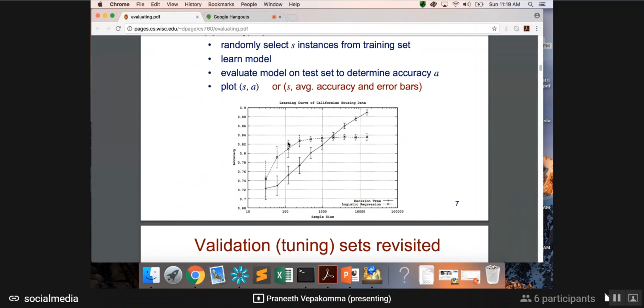They don't know if it is 0.8 or 0.83 or 0.79. It's a bigger error bar. Here's even bigger. Here's like a huge error bar. But here, they're more confident as your training size increases. This is usually a known behavior. The more the sample size, the lesser the uncertainty, obviously.